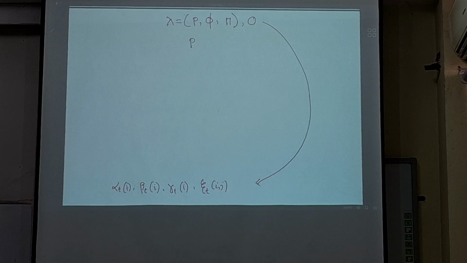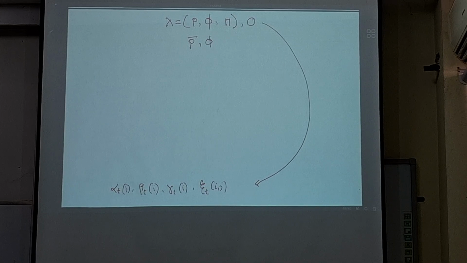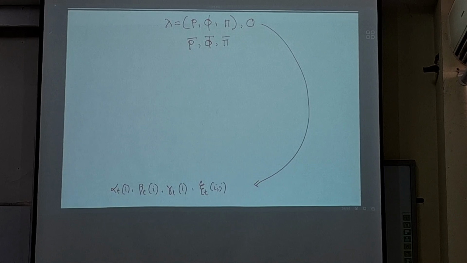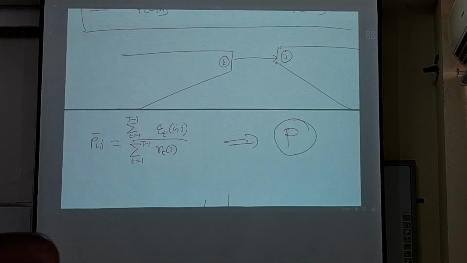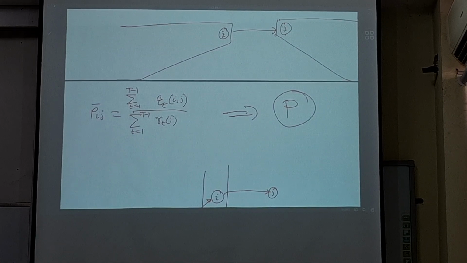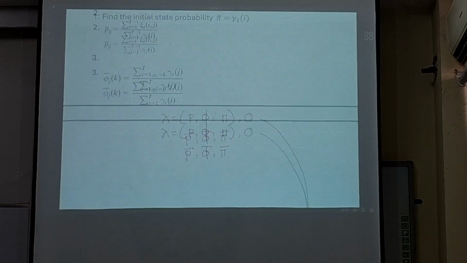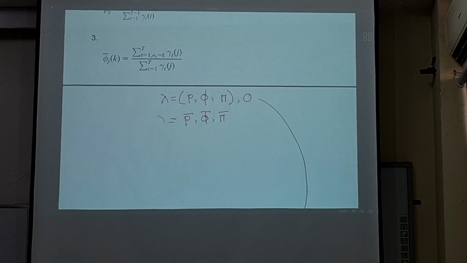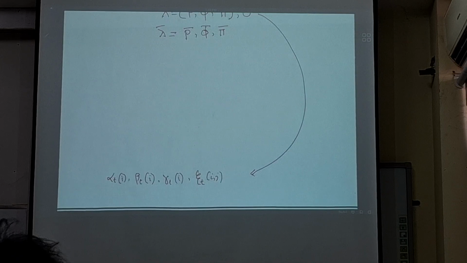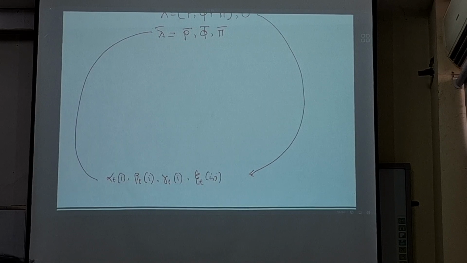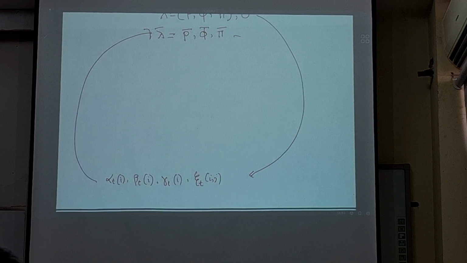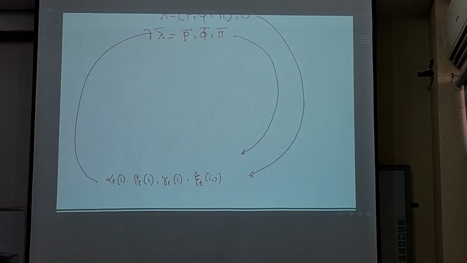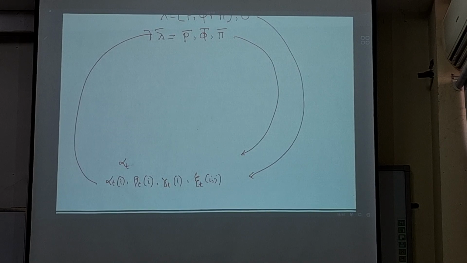You can calculate P bar, phi bar, and pi bar. That means once you have this alpha beta, then you can calculate this matrix P, phi, and pi. So actually you are calculating it. This circle is reducing. That means you are going toward the optimal.